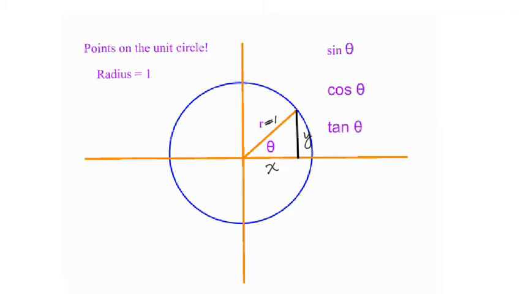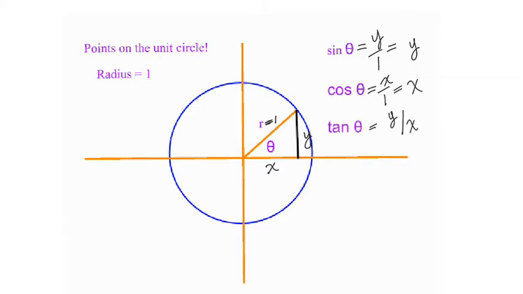So hopefully you see that x and y. If I take sine of that theta, sine is opposite over hypotenuse. And y over 1 is really just y. My hypotenuse on the unit circle is my radius, and that's 1. Cosine then is adjacent over hypotenuse, which is x over 1, so it's just x. And tangent then is opposite over adjacent, so y over x.